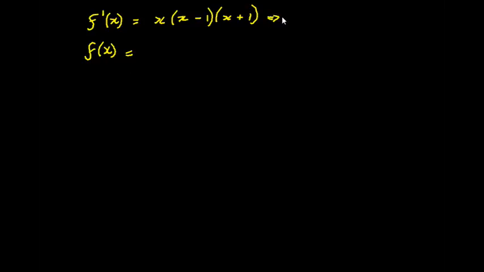And the last one, we've got our f dash of x, or the derivative, is actually x take 1, x plus 1. So we're finding the original function by finding the antiderivative of it. And to do that, I probably need to expand those.